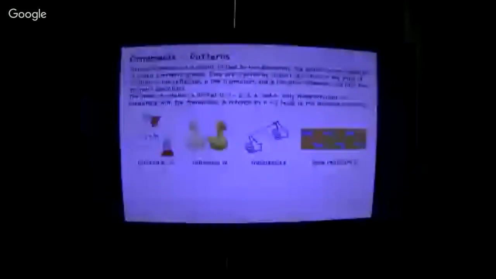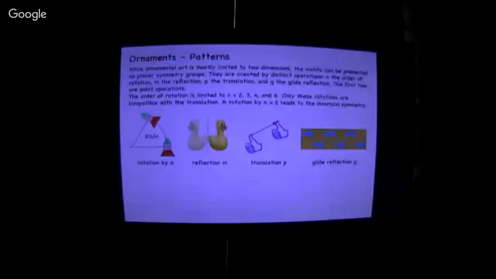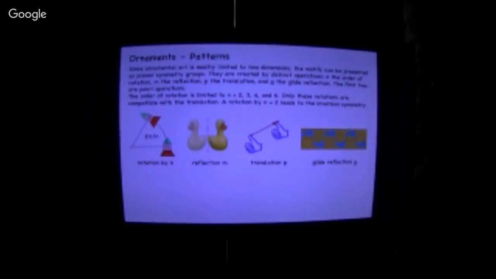But the ornaments usually are in 2 dimensions, so the translation is in 2 different directions. And then there is the 4th one, which is the glide reflection. Glide reflection is a mirror plus translation. The best example is when you walk on sand, look at your footprints. It is glide reflection, like that. So these are the main operations. We will use these operations.